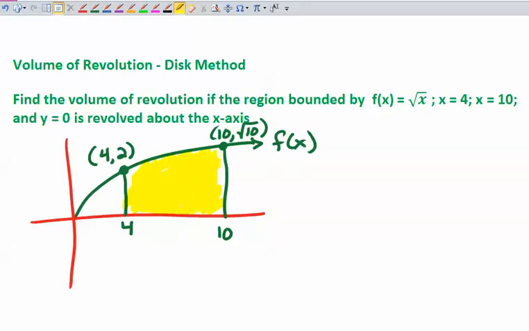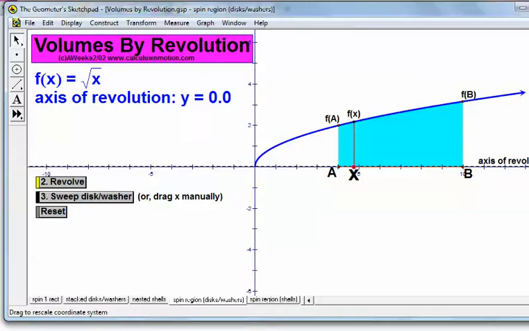But now we're not just interested in the area. Notice that what we're doing now is we're going to take this region and revolve it about the x-axis. So let's switch to Geometry Sketchpad and Mrs. Weeks' excellent Calculus in Motion demonstrations and see if that gives you a good idea first of what this is going to look like when we do this rotation.